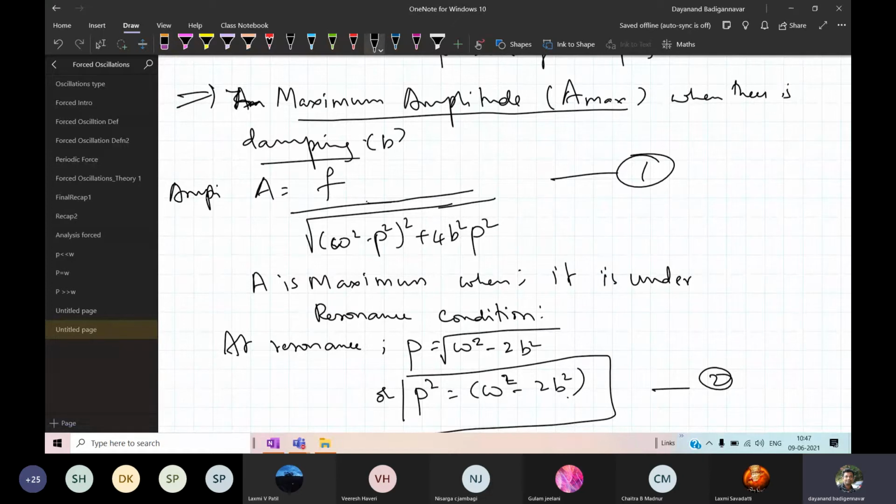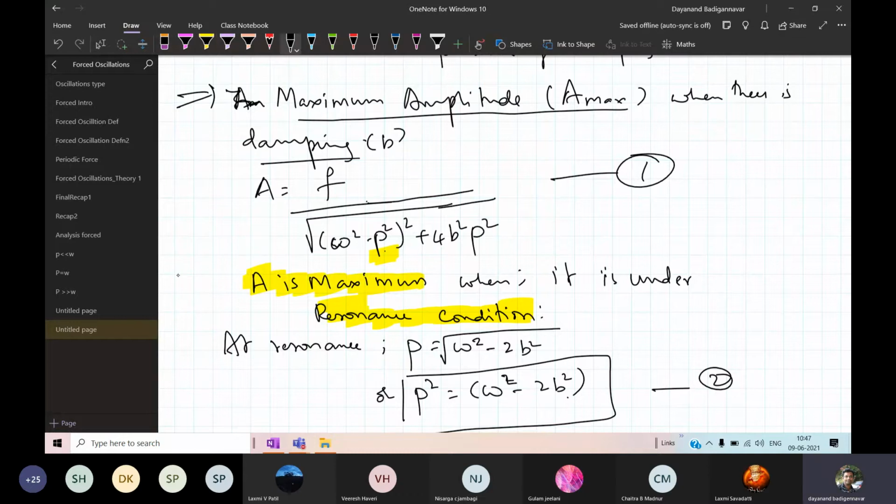Once you get the amplitude A equal to F divided by root of (omega square minus P square) whole square plus 4B square into P square, what I have to do is substitute this P square here. Why? Because at resonance condition, the amplitude is maximum.